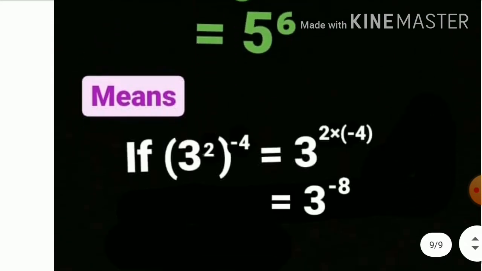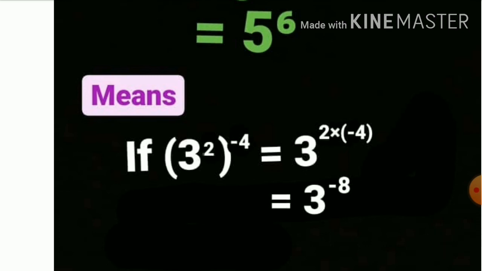On the basis of the law which we have learned just now, this will result into 3^(2 multiplied by -4), as (3^2)^(-4) was our question.